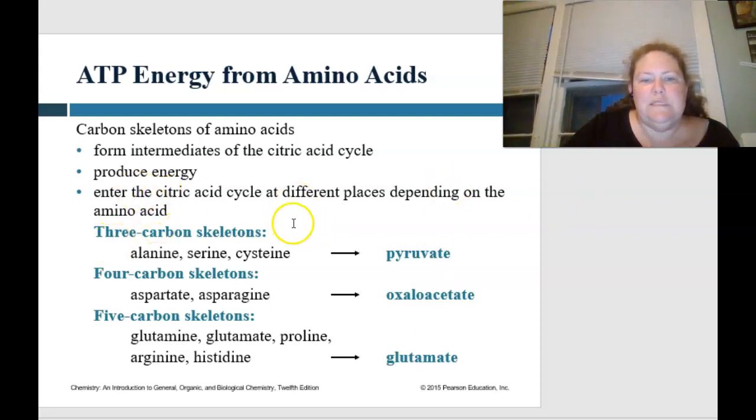So if we have 3 carbon skeletons like alanine, serine, and cysteine, then it's going to enter at pyruvate. If we have 4 carbon skeletons like aspartate and asparagine, those are going to enter at the oxaloacetate level. Where if we have 5 carbon skeletons, we have glutamine, glutamate, and proline, as well as arginine and histidine, and these are going to enter at the glutamate level.